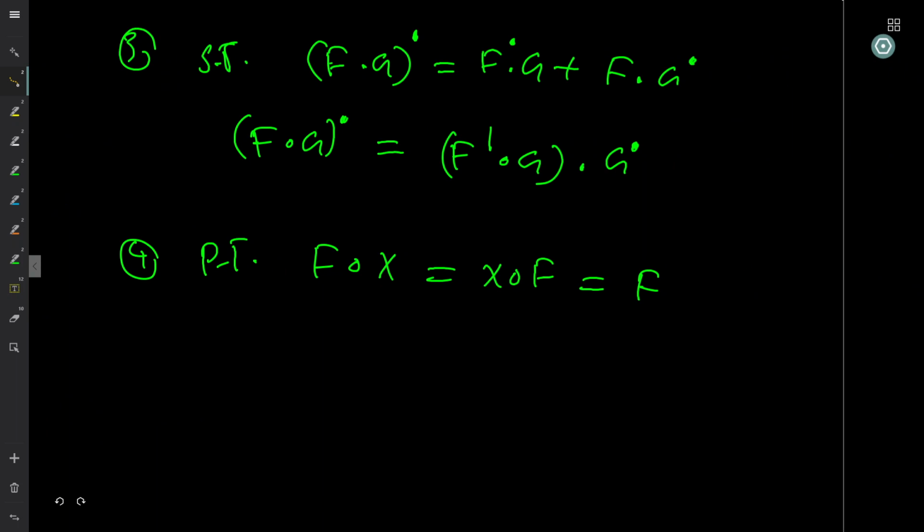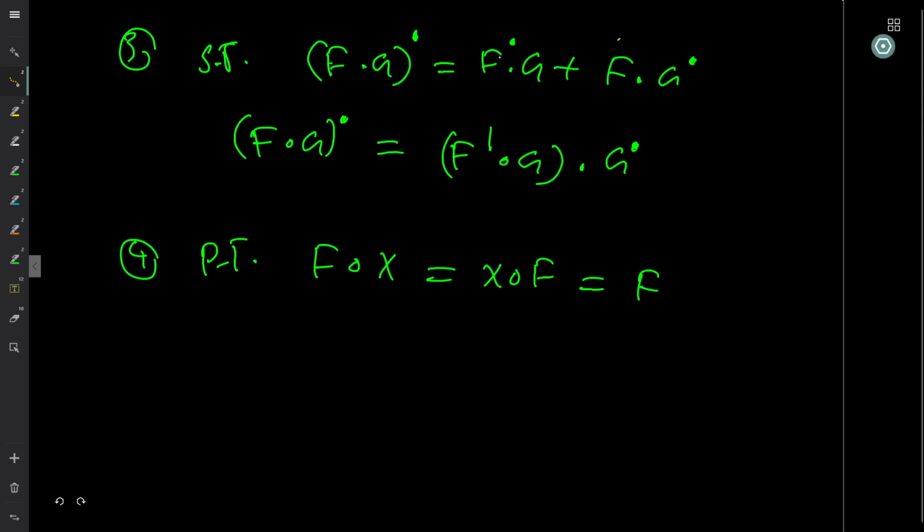A third question is to show that the pointed species of the product of f and g, (f times g) dot, is the product of the pointed species f dot and g plus f times g dot.